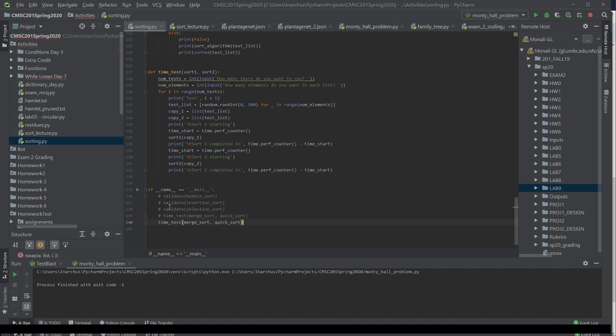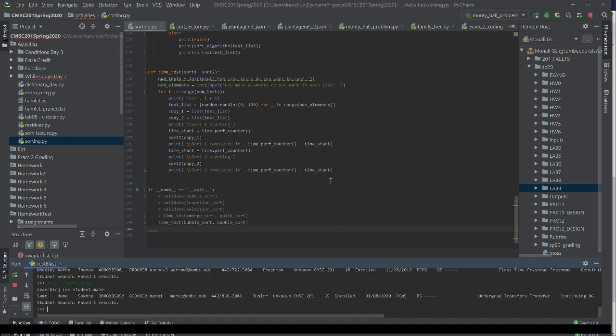So what happens if we just do a time test on, say, bubble sort? And let's do it. Okay, I don't even know what's running. It's definitely not this file. Are you bubble sorting against bubble sorting? Yeah, I'm just racing bubble sort against bubble sort.